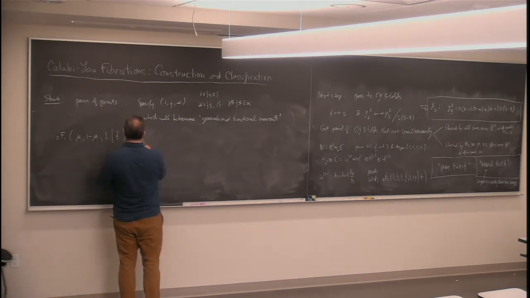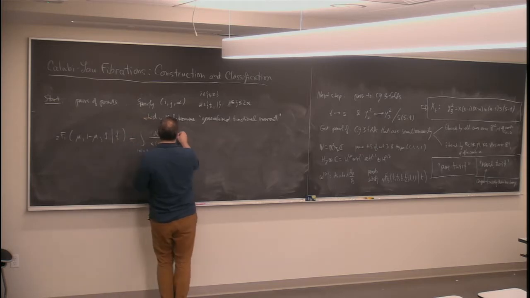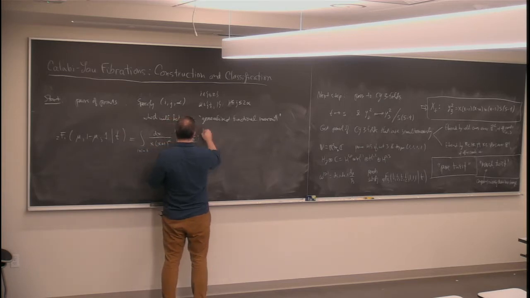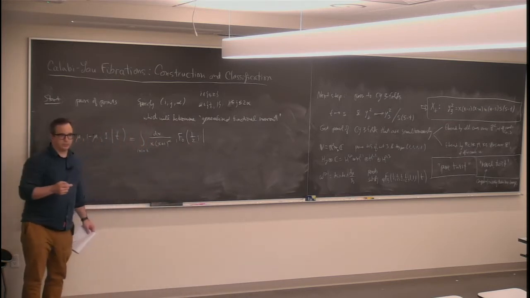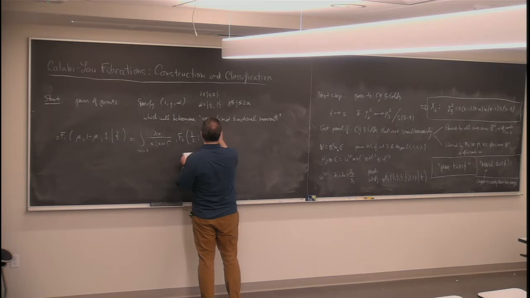As an integral, we have x equal epsilon, dx over x times x plus 1 to the alpha, 1F0 of 1/2, nothing, bar. Now this is where the base change comes in. I'm replacing t now with C_ij times t over x to the i, x plus 1 to the j.